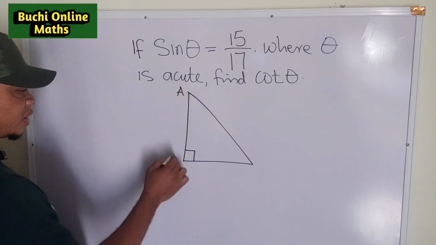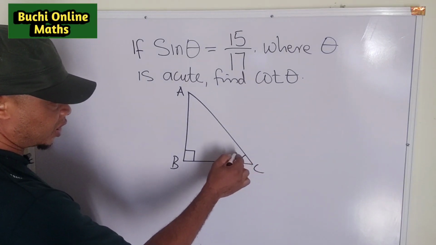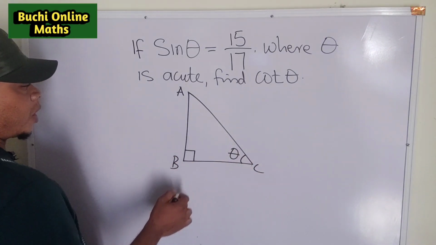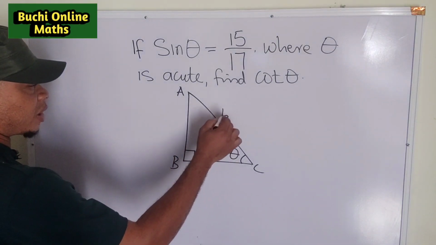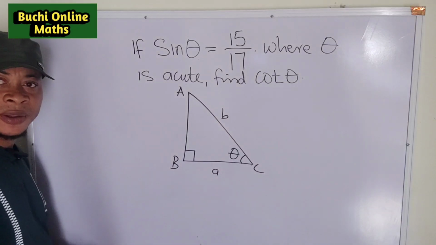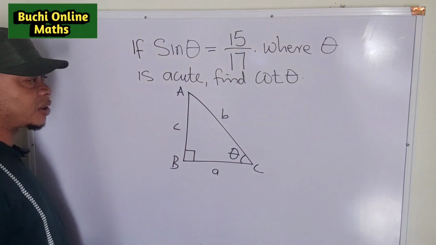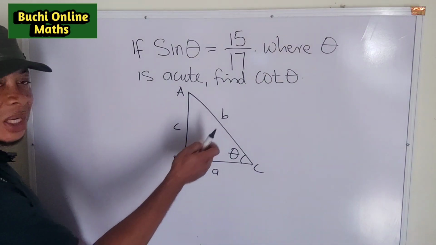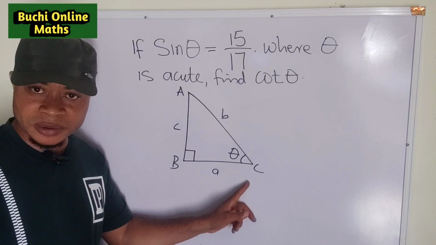Let me label it ABC, and let us add the theta here. Remember, the side facing capital letter B will be small letter b, the side facing capital letter A will be small letter a, and the side facing capital letter C will be small letter c. While the small letters are the sides, the capital letters are the angles.